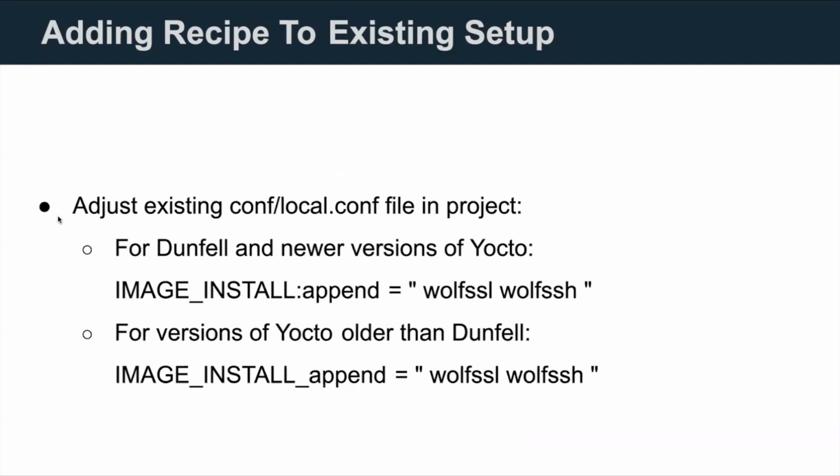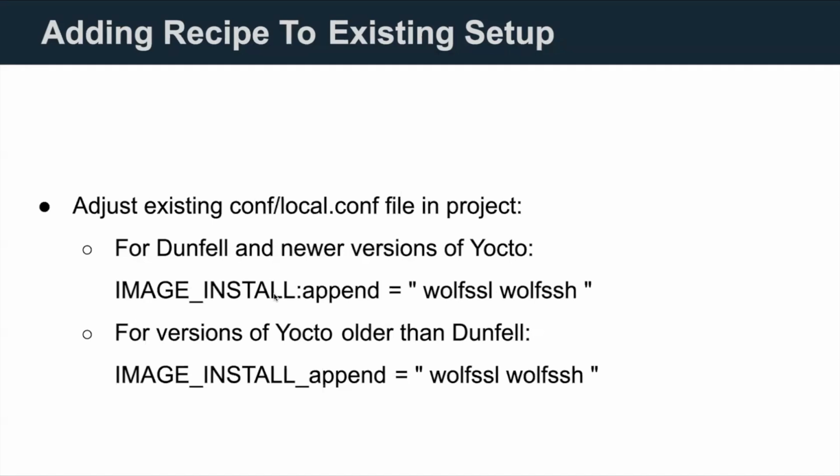If adding to an existing setup, so you're not just creating a fresh Yocto build and you already have a bblayers.conf file set up, you could just adjust the existing local.conf file in the project to have the image install append. Could also do wolfSSL and wolfSSH for installing both of them.